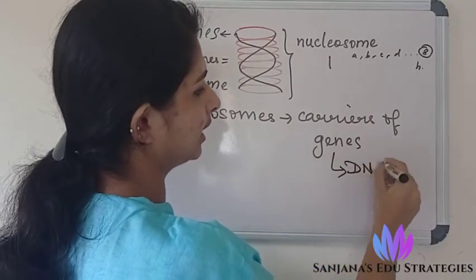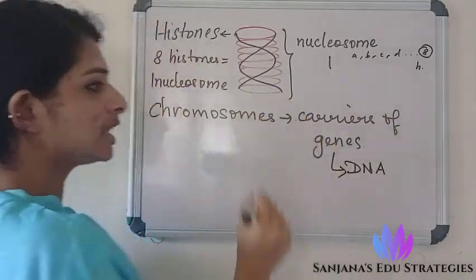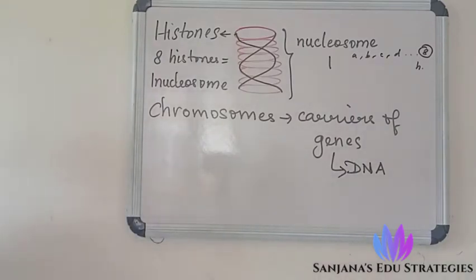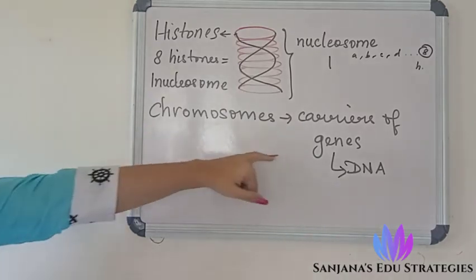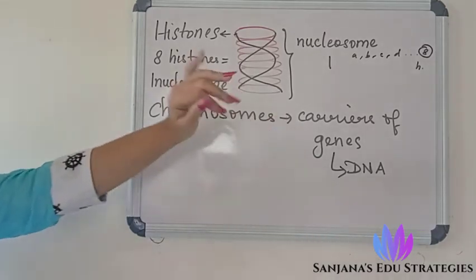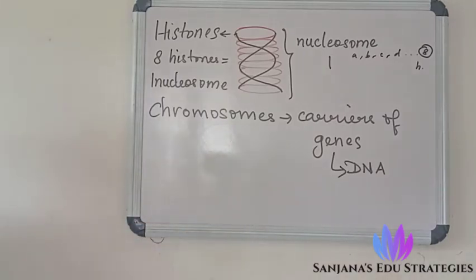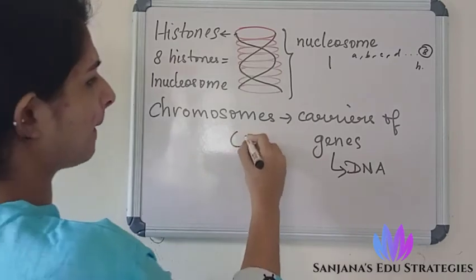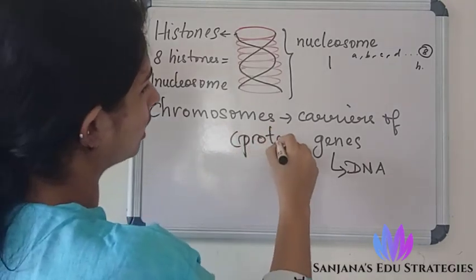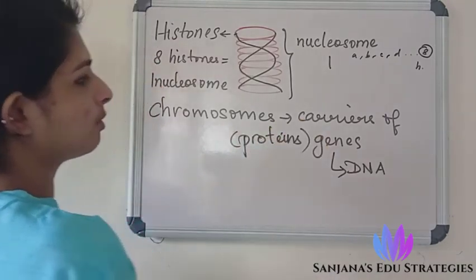Their main function is producing DNA for a particular protein, synthesizing protein. They are the encodings for producing proteins. We'll see how these proteins are being formed.